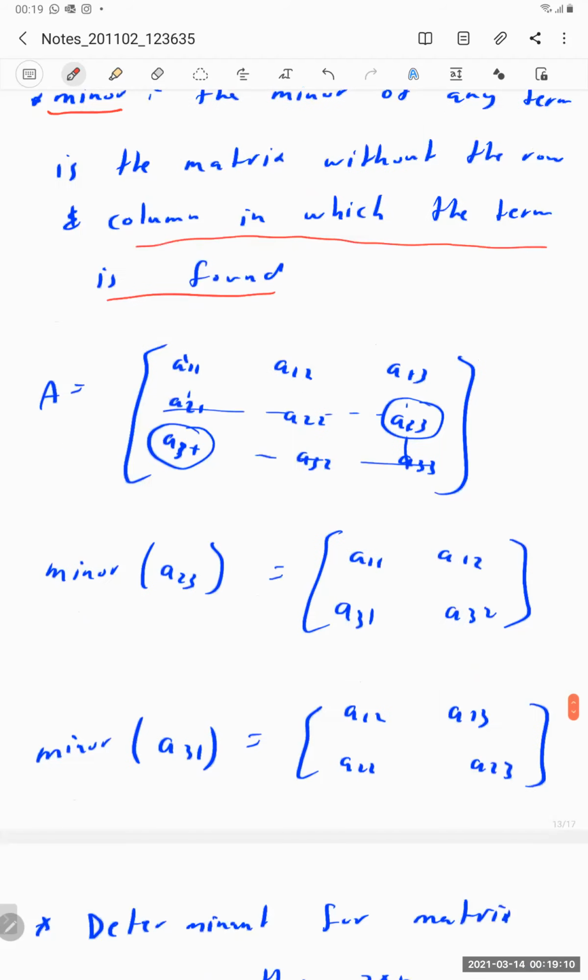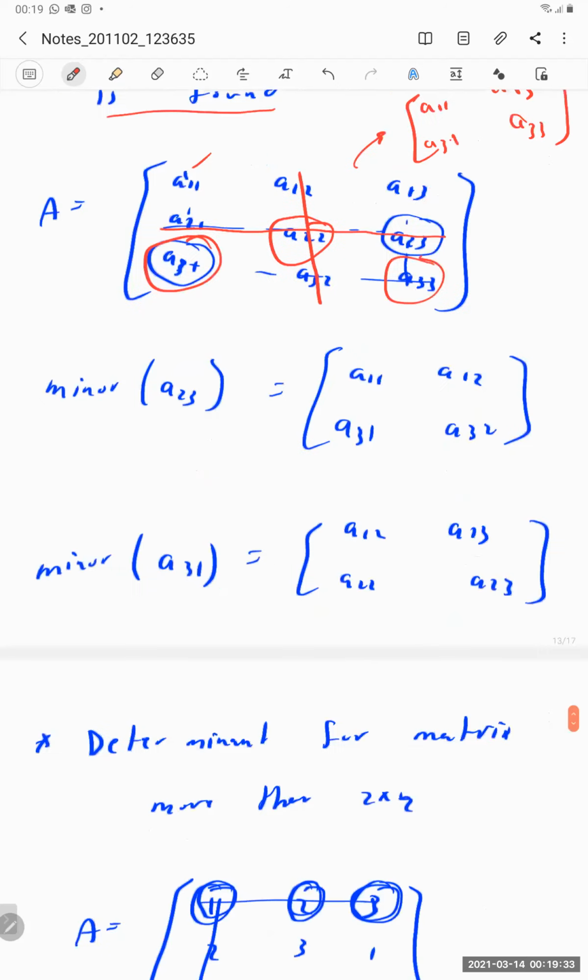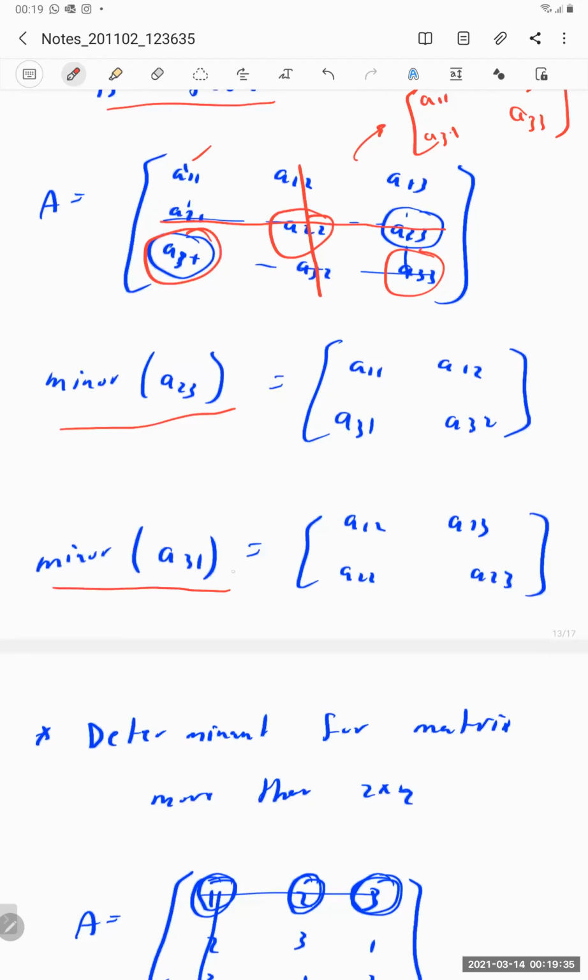So if I ask you for the minor of A22, you remove the row of A22 and the column of A22 and get the remaining matrix: A11, A13, A31 and A33. So it's the matrix without the row and column. The minor of A23 is this, the minor of A31 is this, and so on.